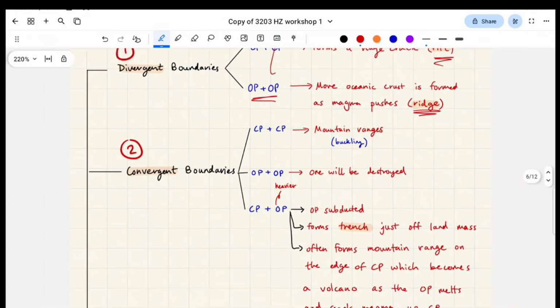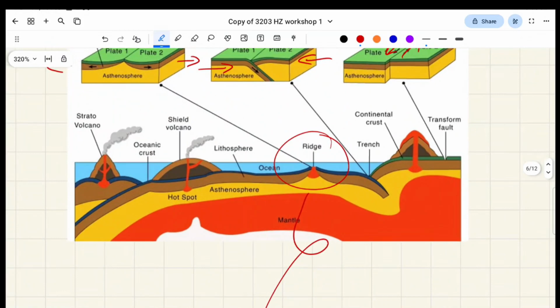Actually, I've seen this picture before. So this is the oceanic plate getting subducted. When it gets subducted, it gets pushed closer to the core of the Earth. Just think about this: the closer you are to the middle of the Earth, does it get colder or hotter? It's hotter, right? So this plate starts to melt.